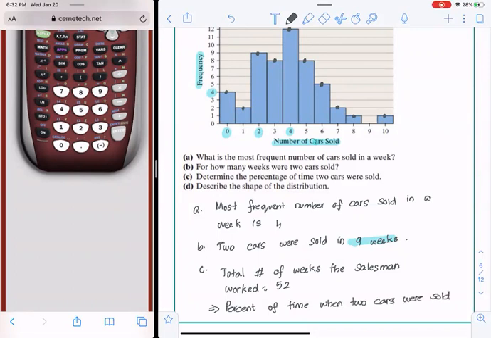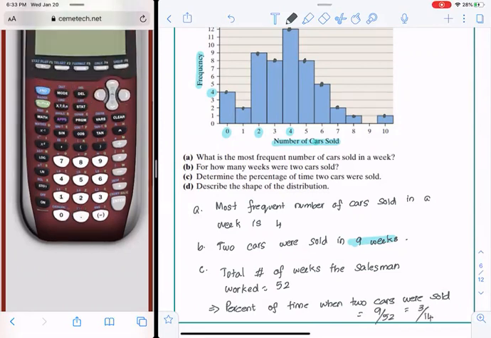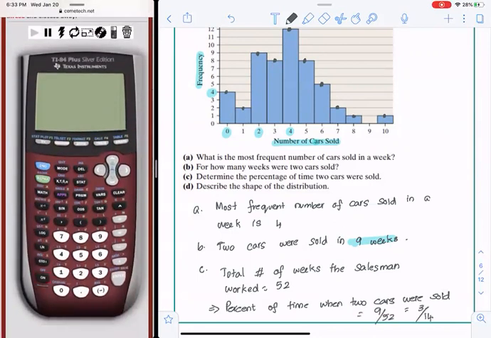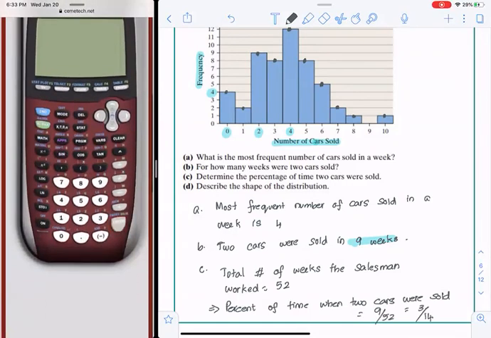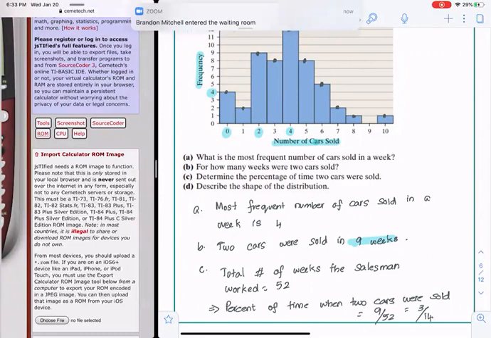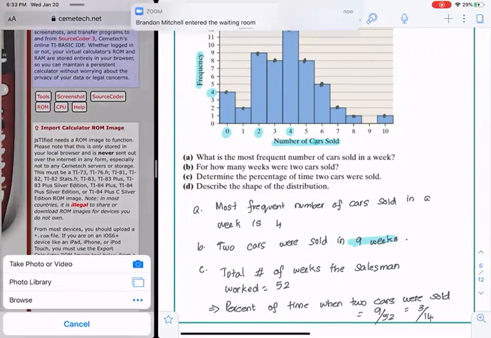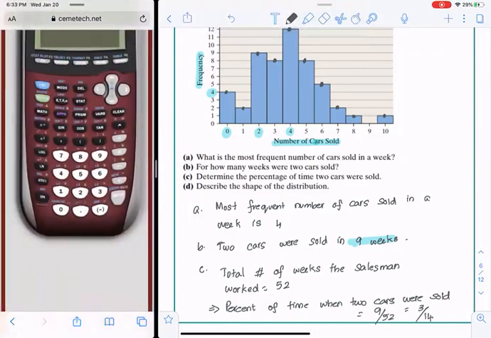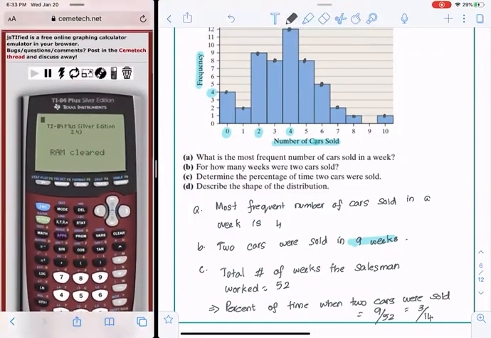So the percent when 2 cars were sold is simply 9 divided by 52, which is 3/14 if we simplify it. So we can use a calculator to determine the exact percent.